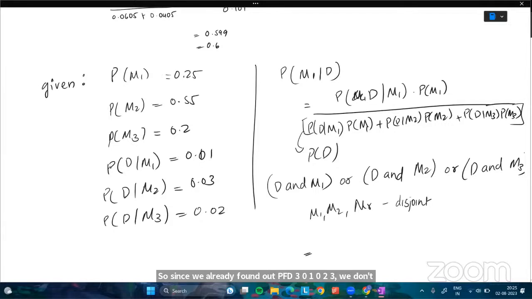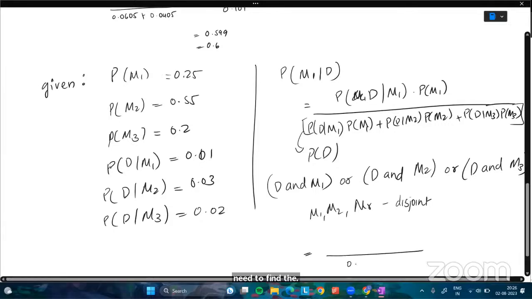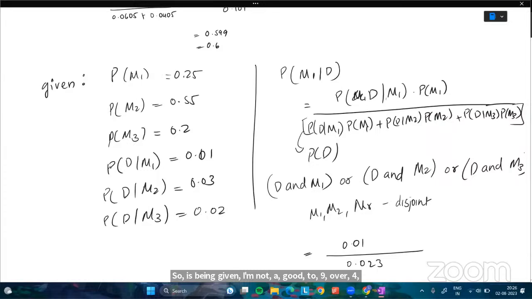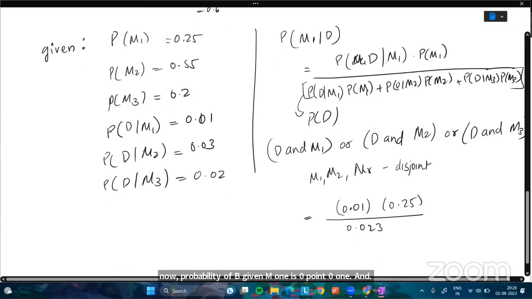So probability of B given M1 is 0.01, with the denominator 0.023. And probability of M1 is 0.25. If you simplify this, you will get 0.109.